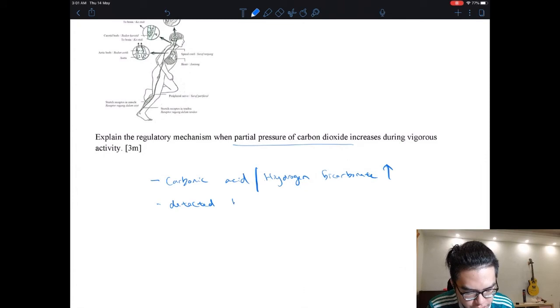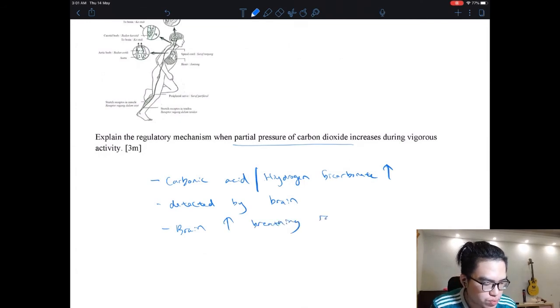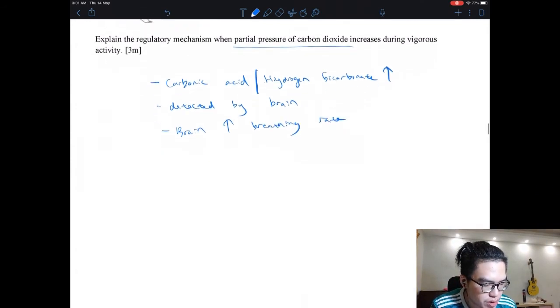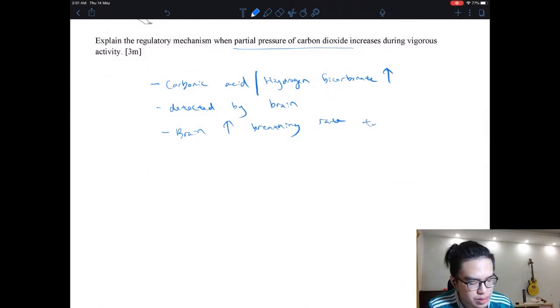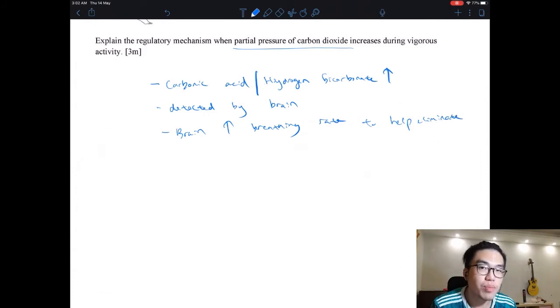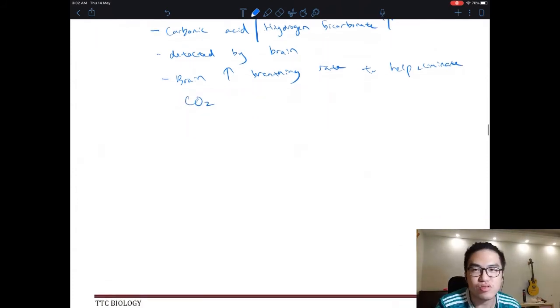So brain increases breathing rate to help eliminate carbon dioxide. Okay, so when your blood pH drops, that's a signal sent to your brain telling that you need to breathe faster.